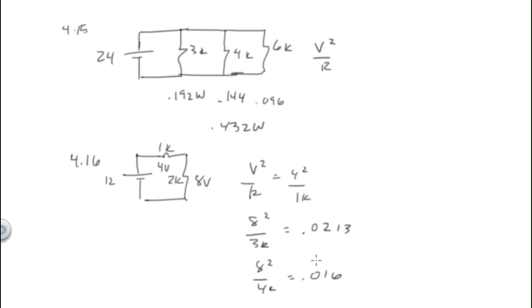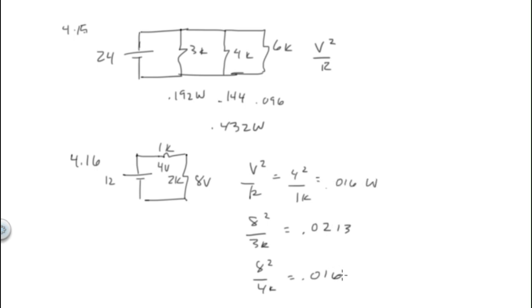And the 4 squared, or 16, divided by 1,000 is equal to 0.016.